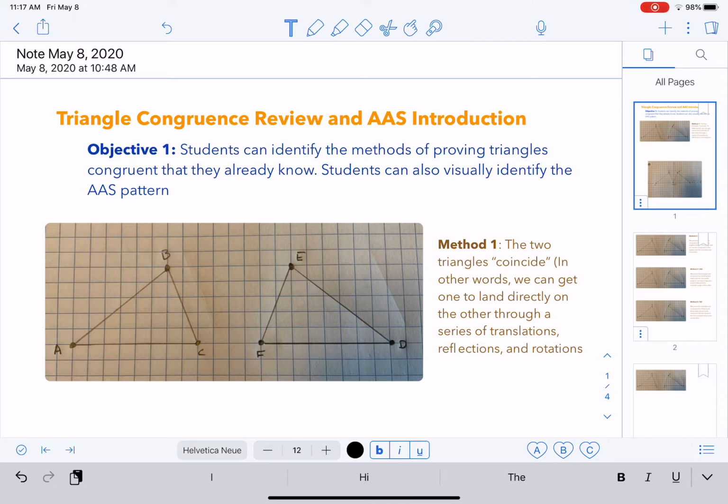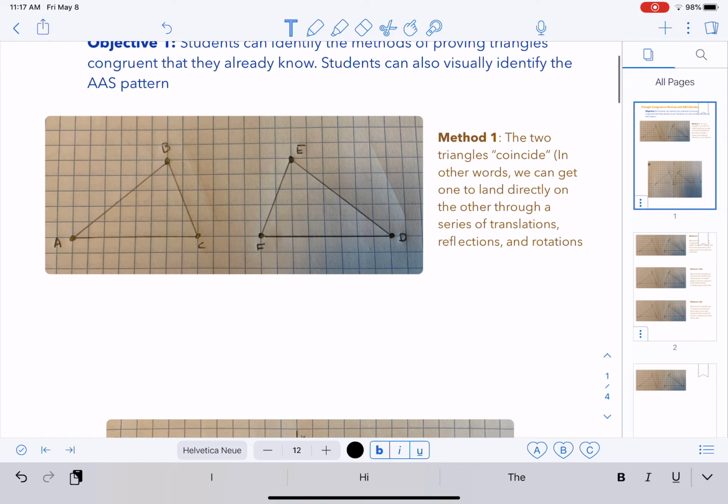I have a picture here of two triangles, ABC and DEF. The first, most basic method is to show that the two triangles, to use a word from Euclid, coincide with one another, that they essentially land on one another through a series of translations, reflections, and rotations.